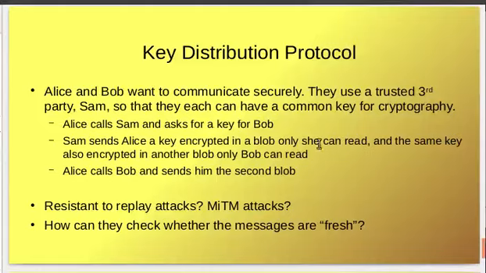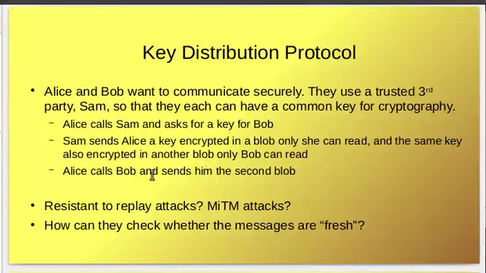So assuming that eavesdroppers cannot decrypt, then Sam sends Alice this encrypted blob, and that blob has the same key also encrypted in another blob only Bob can read. So Sam sends Alice two things, a key, and also another encrypted thing inside that encrypted message that only Bob can read, and then Alice calls Bob and sends that second blob that only Bob can read to Bob, and then Bob will essentially end up getting the key.